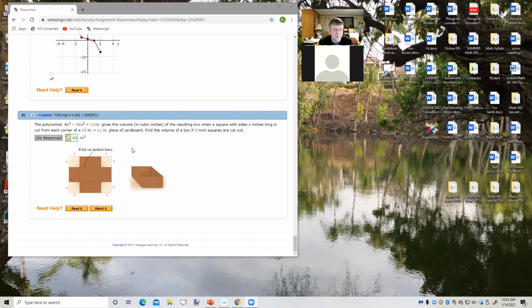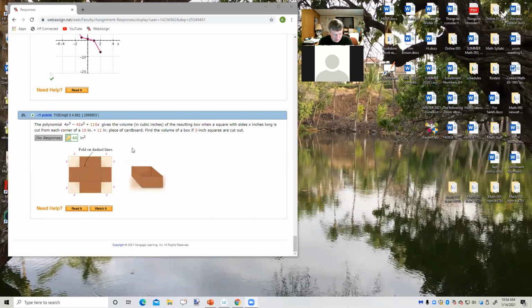It says the polynomial 4x cubed minus 42x squared plus 110x gives the volume in cubic inches of the resulting box when a square with sides x inches long is cut from the corner of a 10-inch by 11-inch piece of cardboard. Find the volume of a box if 3-inch squares are cut out.